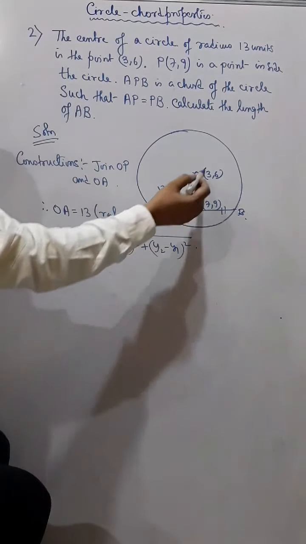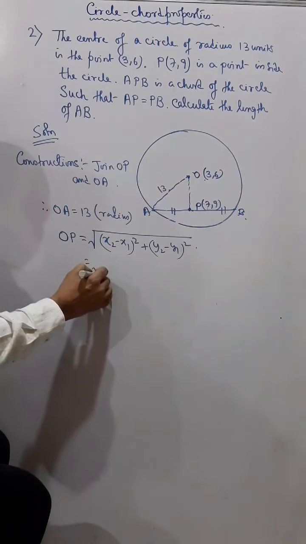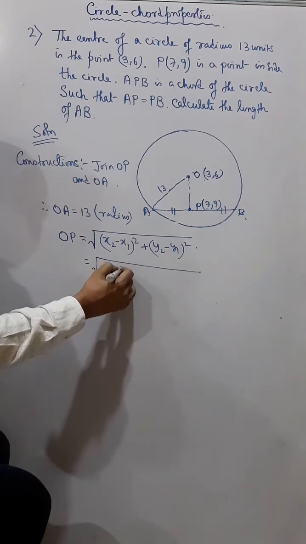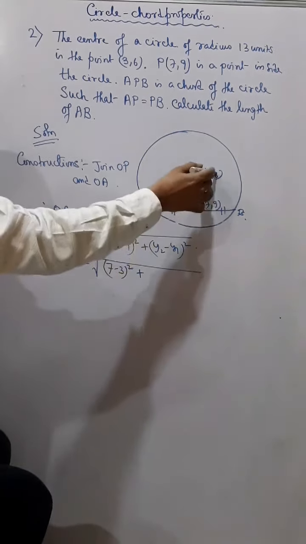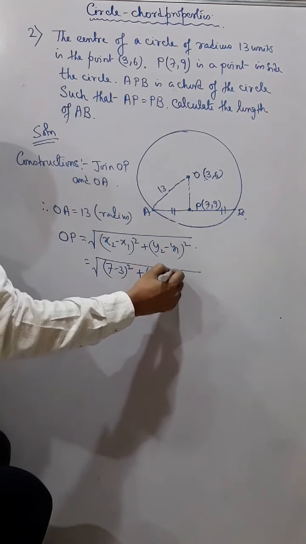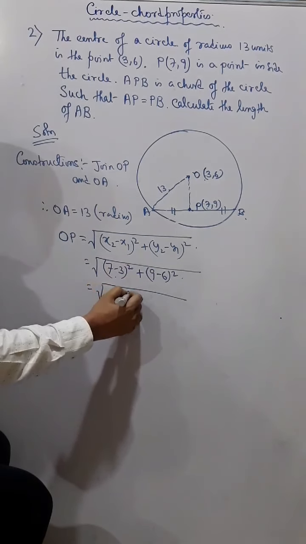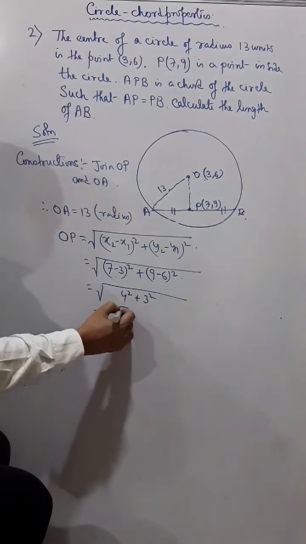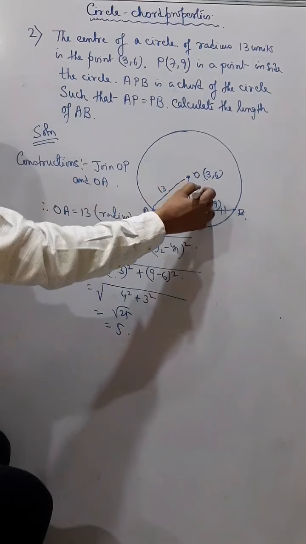Okay, so x1 y1, x2 y2, so x2 minus x1, that is 7 minus 3 whole square, and then 9 minus 6 whole square. So you are getting 4 square plus 3 square, so we'll get 16 plus 9, 25, root over 25, and that is 5. So we got OP as 5.